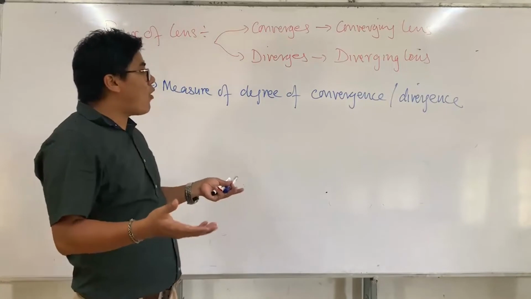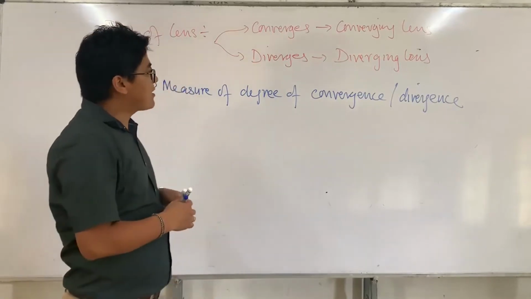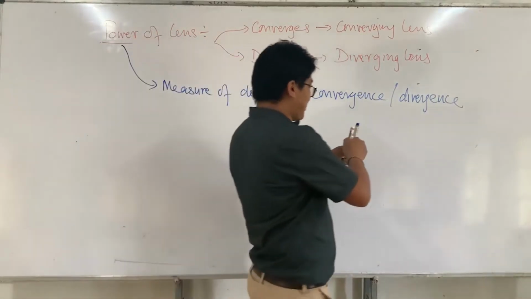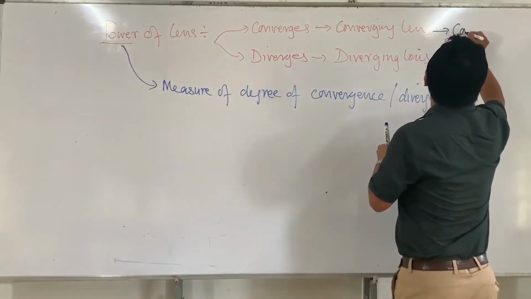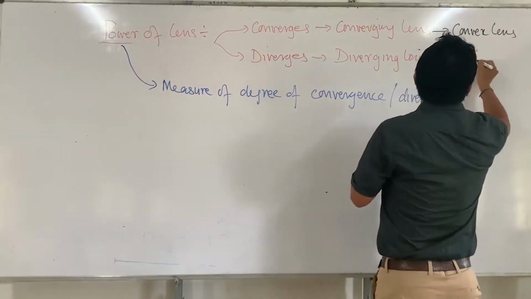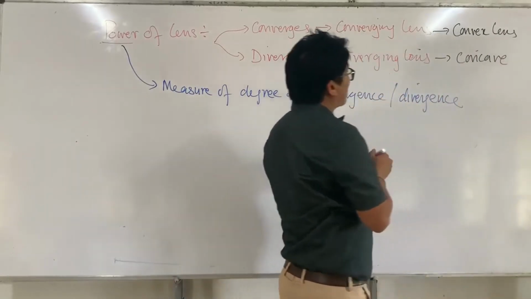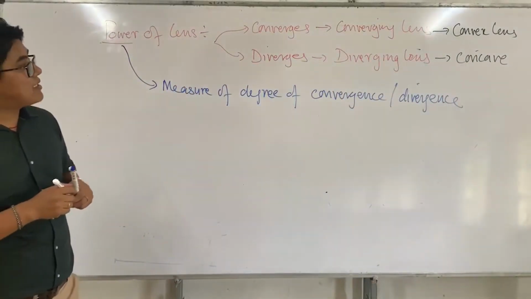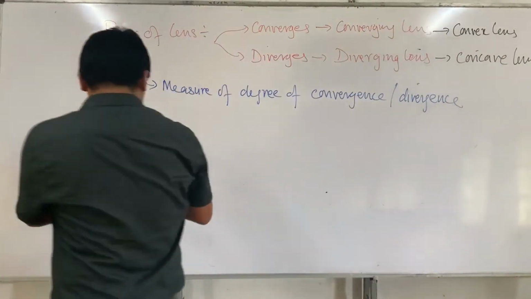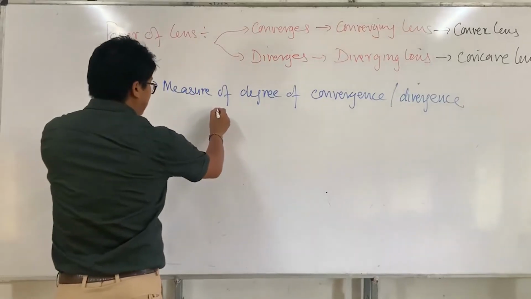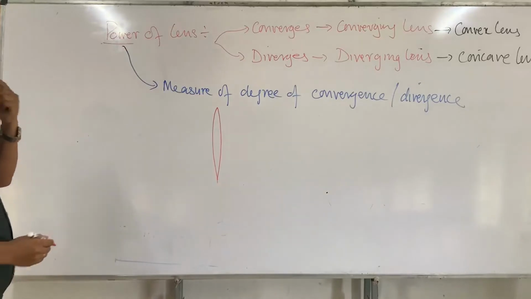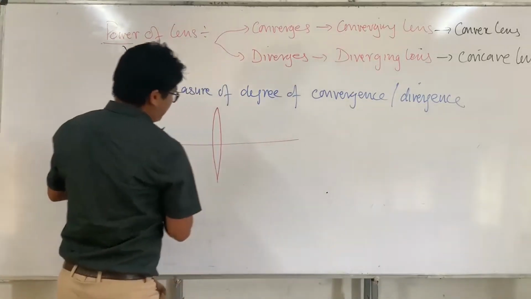If the convergence is more, power is more. But these two are opposite. This is normally done by a convex lens, and this is normally done by a concave lens. So converging in nature, diverging in nature. Therefore I'll give you one diagram. Let's say I have this. This is a lens and I have a principal axis. This is the principal axis.